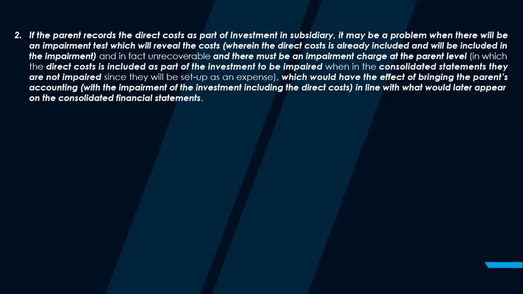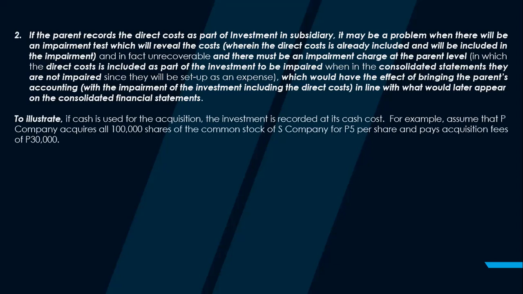In fact, it is unrecoverable, and there must be an impairment charge at the parent's level in which the direct cost is included as part of the investment to be impaired, when in the consolidated statements they are not impaired since they will be set up as expense, which would have the effect of bringing the parent's accounting with the impairment of the investment, including the direct cost, in line with what would later appear in the consolidated financial statements.